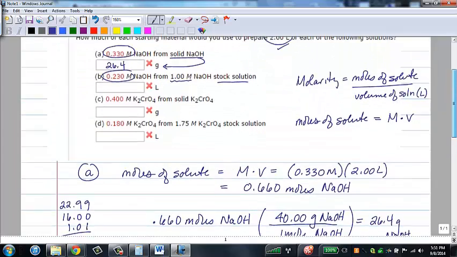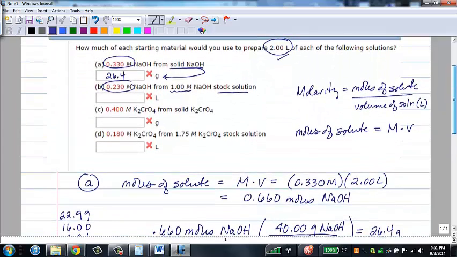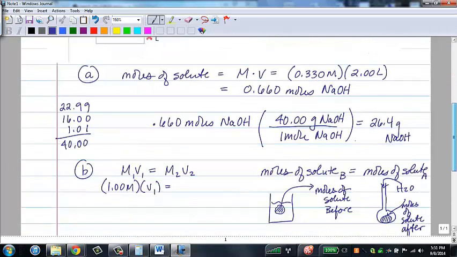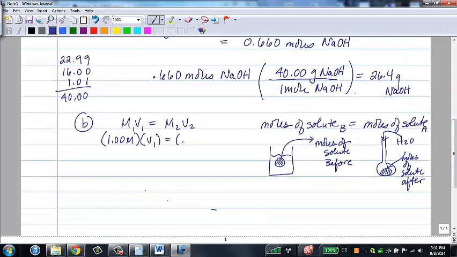So before the dilution, we have a 1 molar solution. And we don't know how much of it we need. We don't know how much of it we're going to take. After the dilution, we're going to have 0.230 molar as our concentration. And we know that we want to make 2 liters.